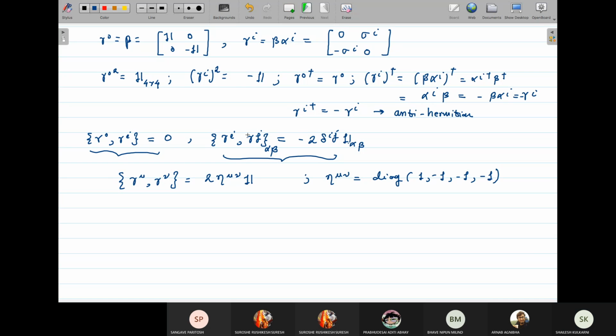Similarly, given this gamma mu, one can write gamma lower mu as eta mu nu gamma upper nu. You will see that this is indeed like a 4 vector, but in place of numbers there are matrices. It is not the usual 4 vector.